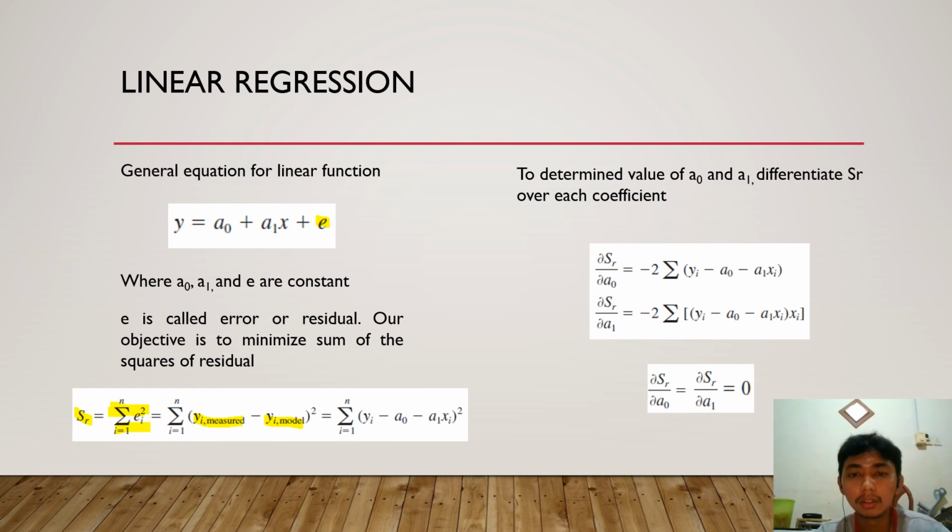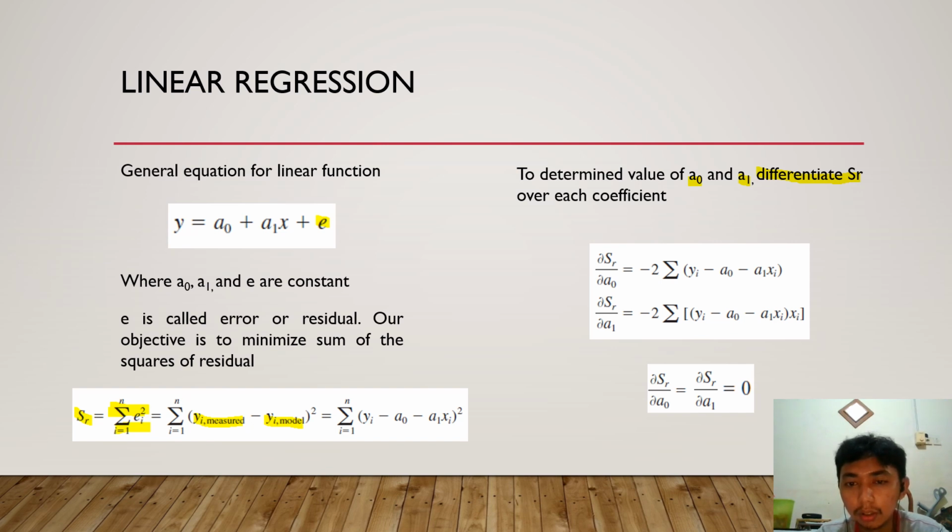The next step is we determine a0 and a1. The method is to differentiate SR over each coefficient.